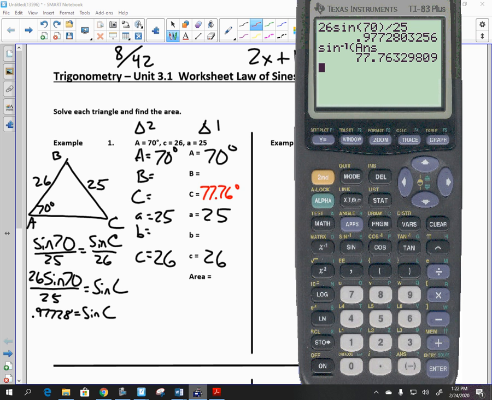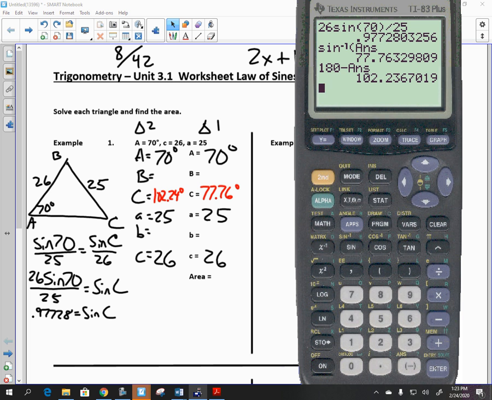How do we find that one? You do 180 minus that. So 180 minus that guy, and I should get an obtuse angle, 102.24. The red is what connects those two together. Now you can solve each separately.